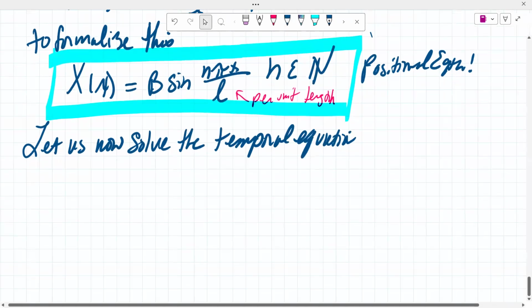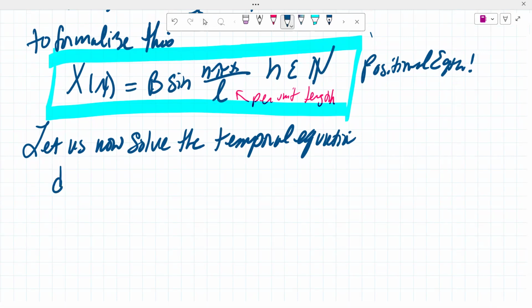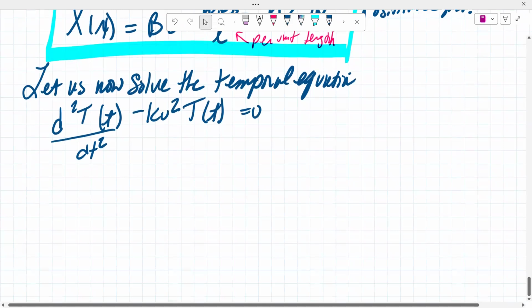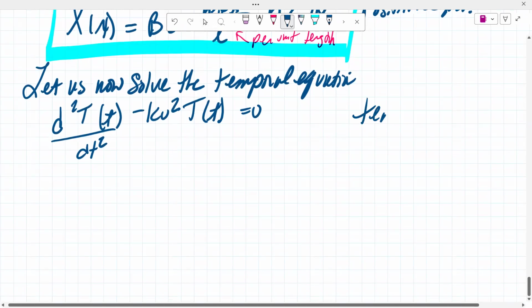All right, so we're going to follow a very similar derivation to this. So we got d squared T of t minus k v squared T of t equals 0. Oh, dt squared. Now, this is the temporal equation.